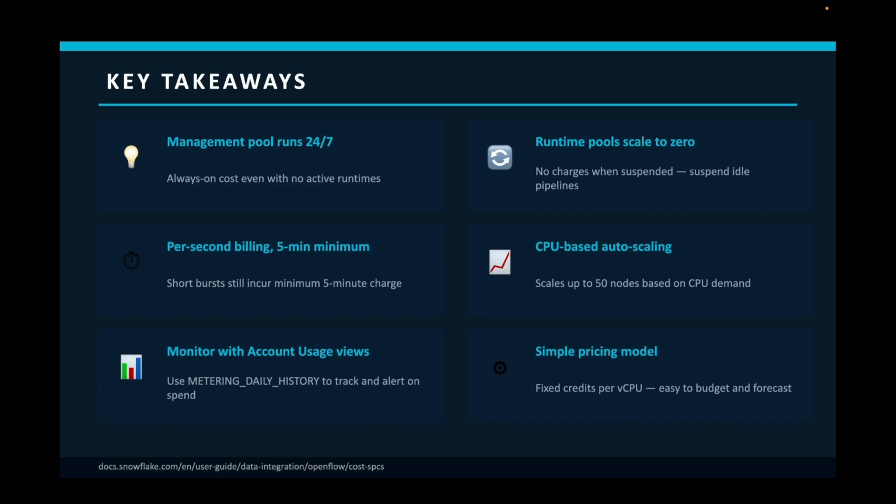So there is a fixed credit cost per vCPU. When you observe carefully, if there are two vCPUs running in a small node, you'll be charged the same. But when you want a third CPU, it might have to provision a new node. That is when the cost goes to spending for two nodes.